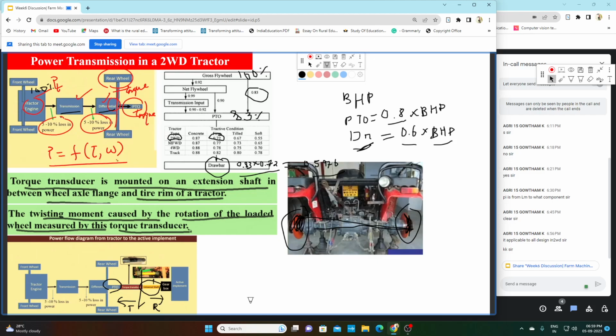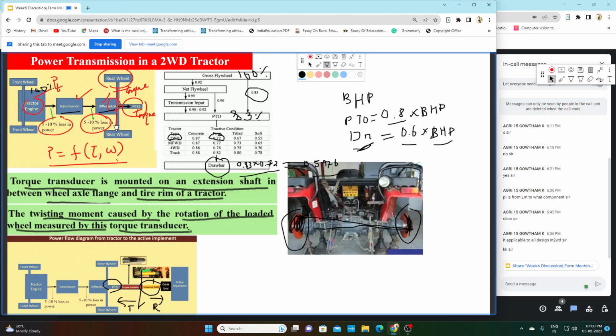Okay, is this clear? Again I am repeating, we are measuring torque at two positions, one at the rear wheels and second at the PTO. For calculating torque in the rear wheels, we are putting the torque transducer in between the extension of the axle flange and the tire rim.